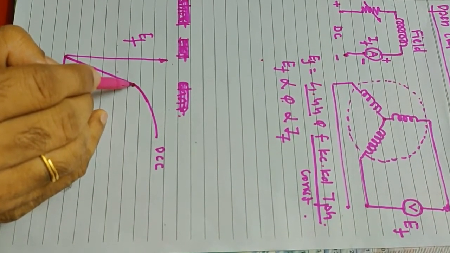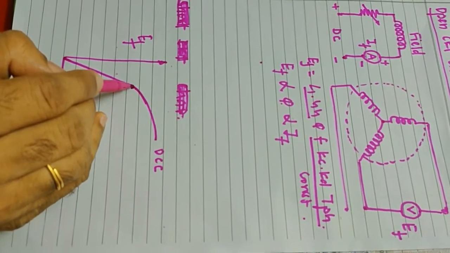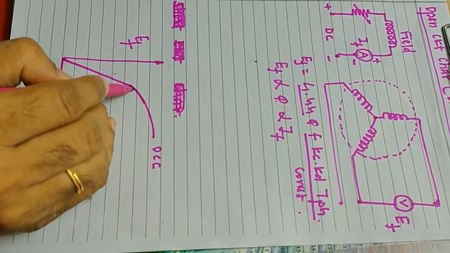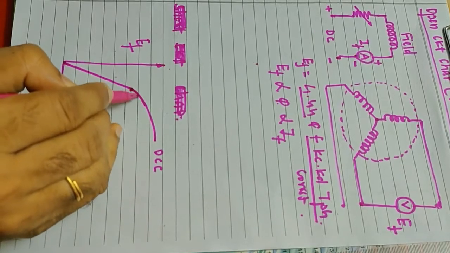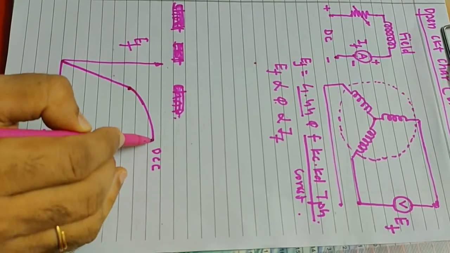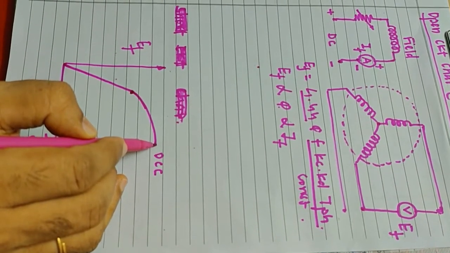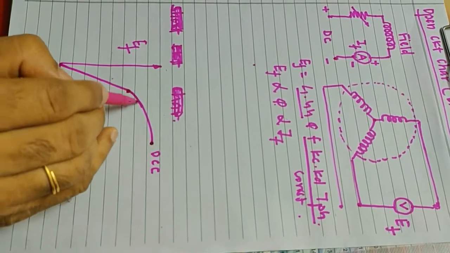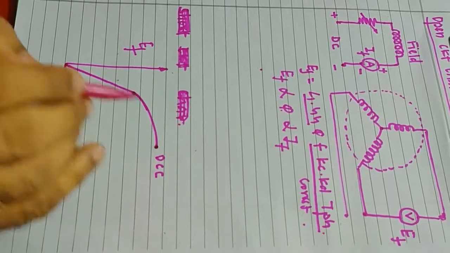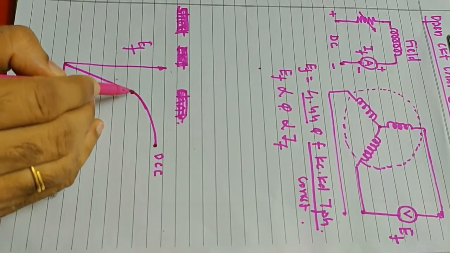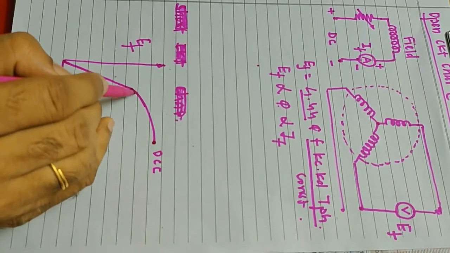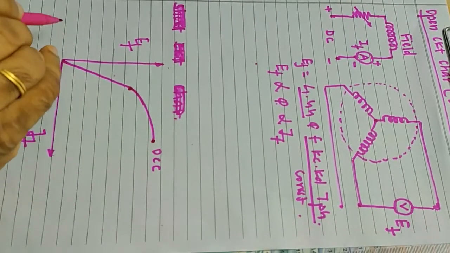Beyond this point, if we increase the field current, saturation starts and the graph bends. The question may arise why the OCC is initially a straight line and then curves. The reason is that initially there is no saturation in the iron parts, and once saturation starts, the curve bends.